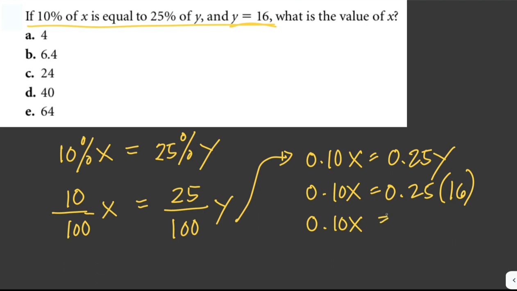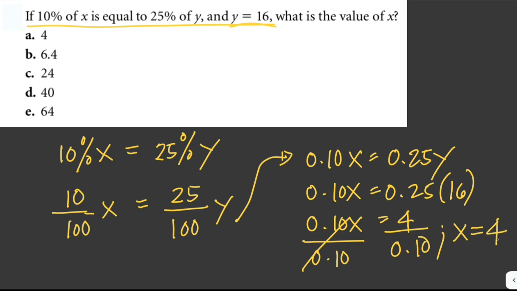Okay, and 0.25 times 16 is just equal to 4. And then we divide both sides by 0.10 to solve for the value of x. Therefore, x is just equal to 4 over 0.10, or 40. So the answer here is letter D.